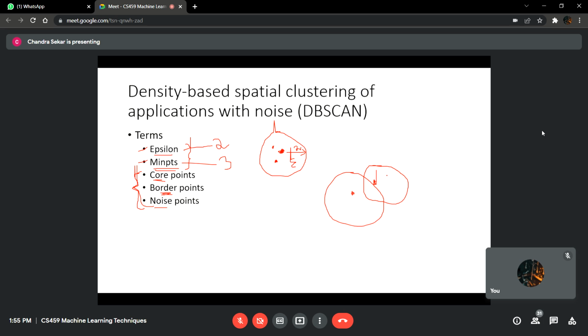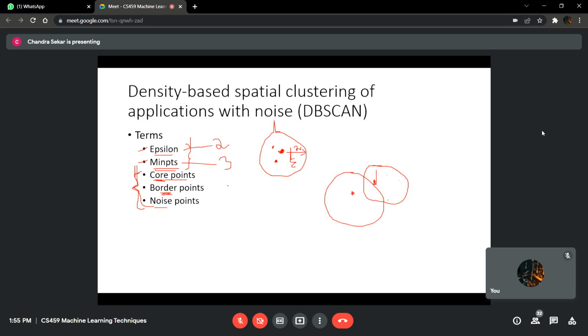But if you see the number of points within this radius, it will be less than min points. Only the core point will have greater than or equal to min points number of points inside the epsilon radius. But the border point will not have min points number of points inside the epsilon radius, but it will share the neighborhood with the core point.